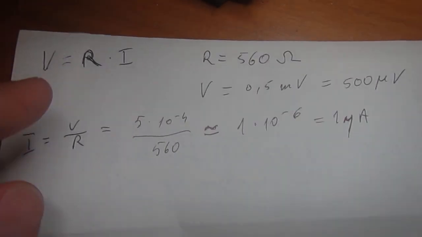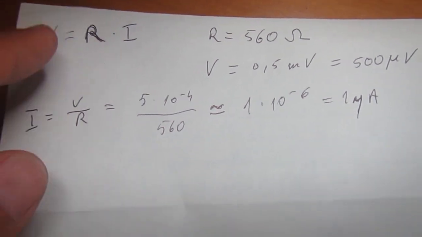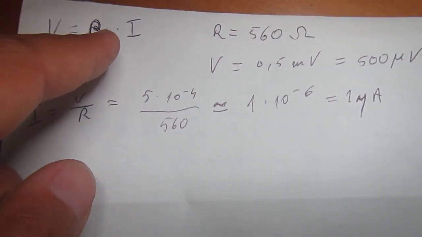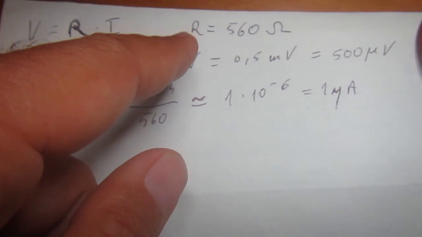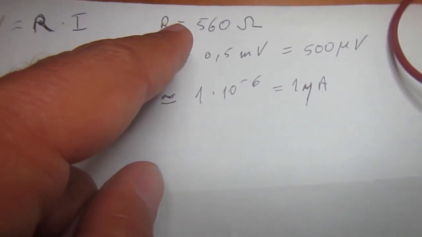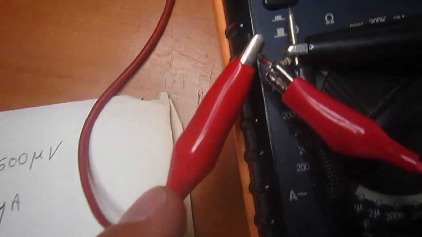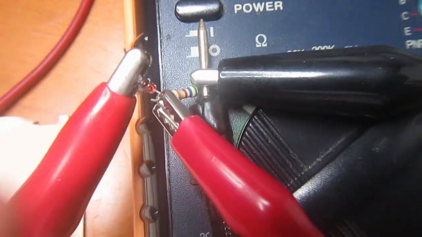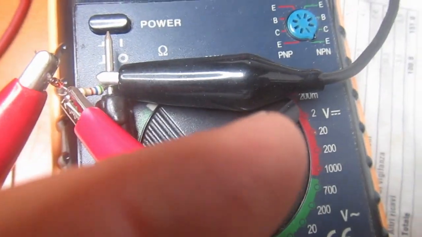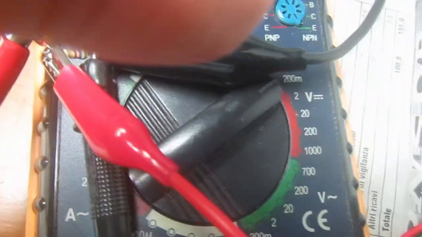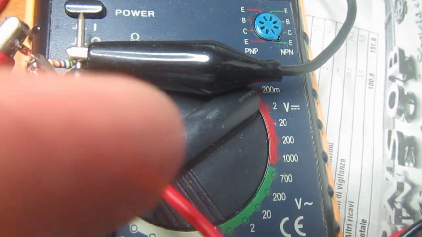So let's see what it means. Let's use Ohm's law. Voltage is equal to resistance times the current, and we know that our resistor is 560 ohms, as you can see here, and we are measuring half a millivolt on the 200 millivolt VDC range.